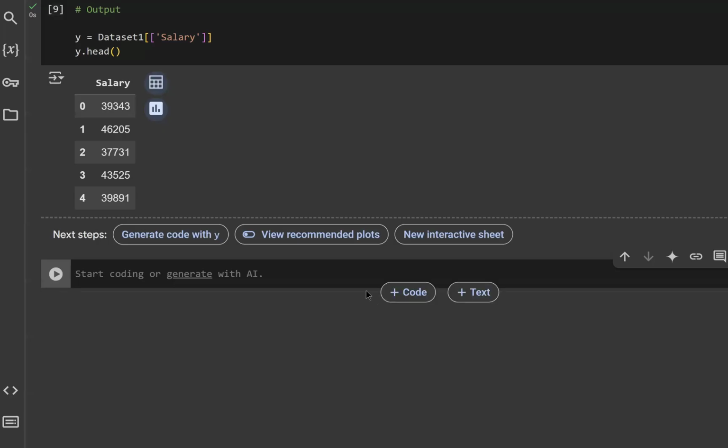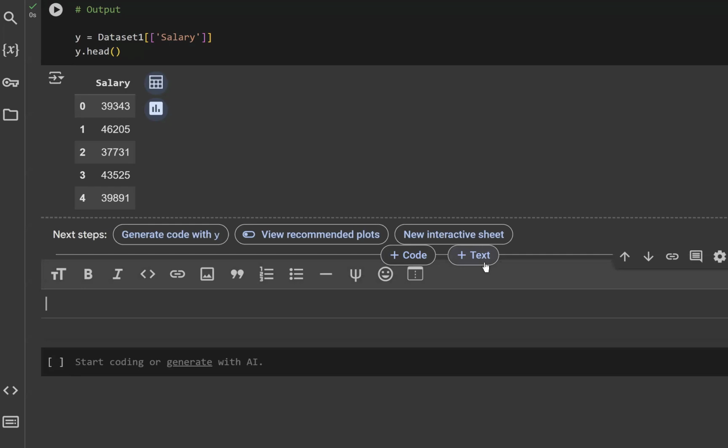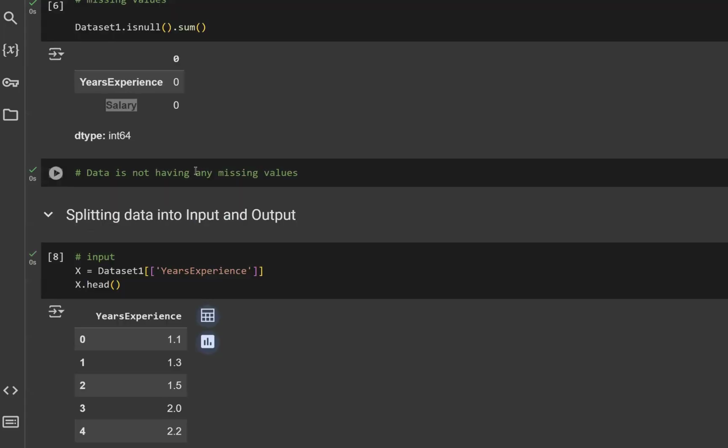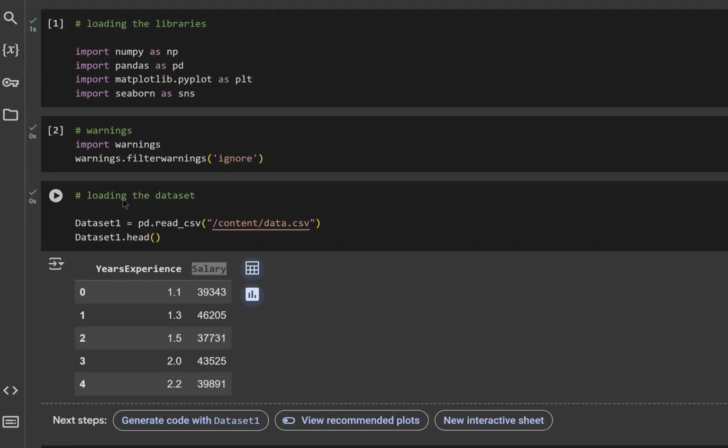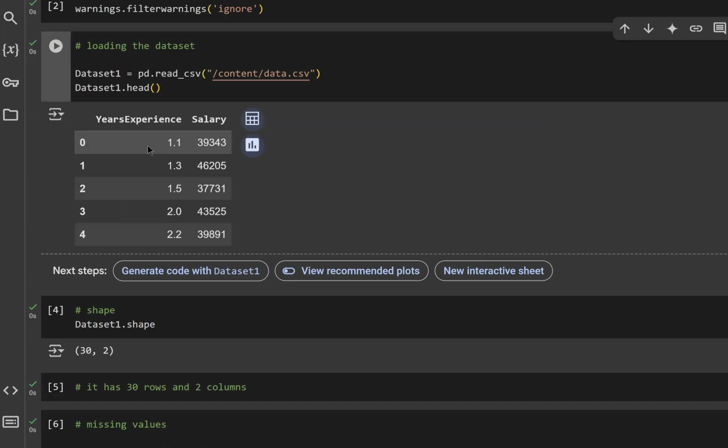Now the next thing is to apply train test splitting. You have just one input column, so there is no requirement for standard scaler. A standard scaler is applied when you have many input columns, where some have smaller values and some have bigger values. But here we have only a single input column, so it is not required.